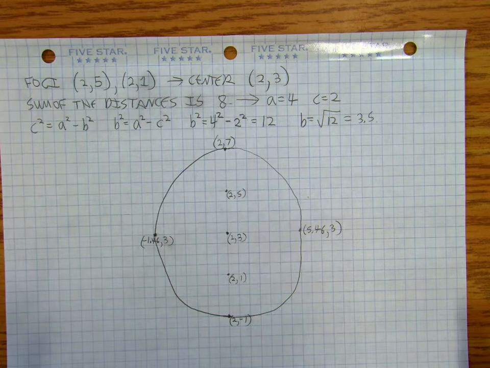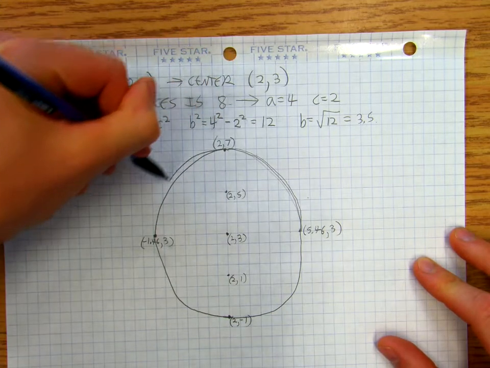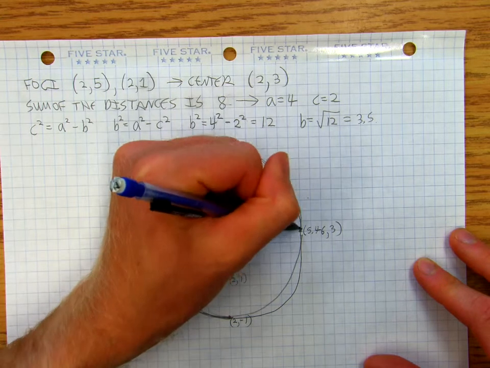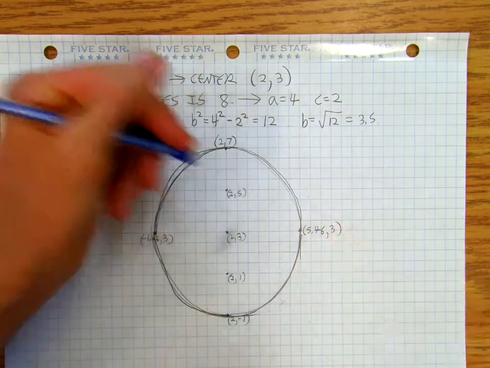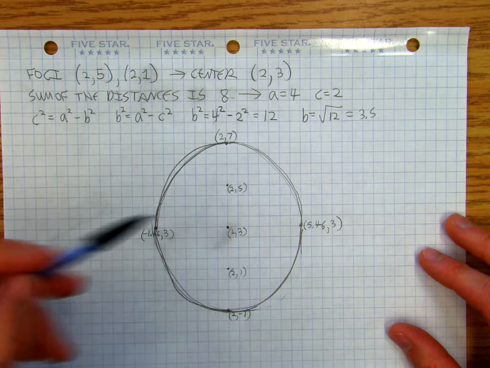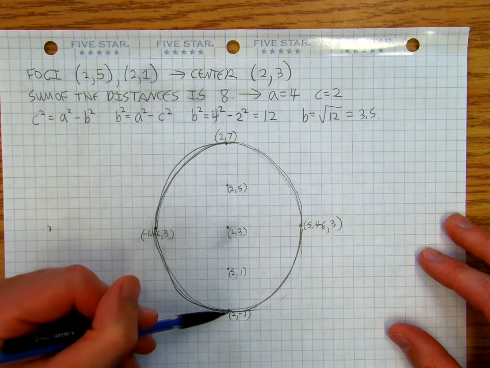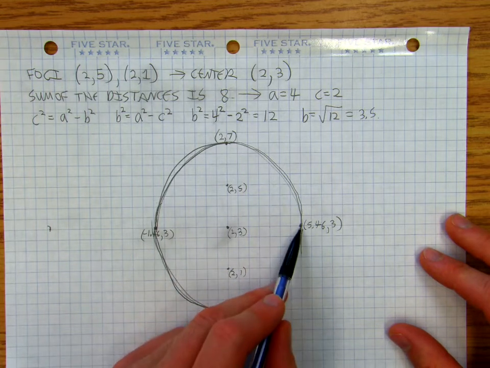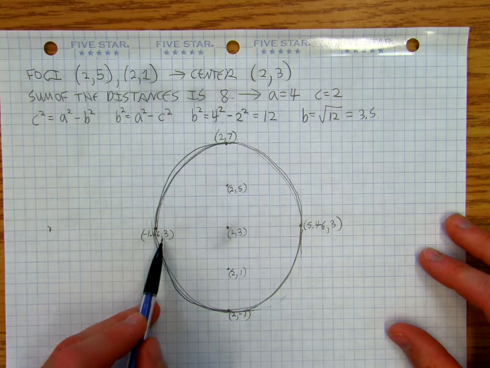But there's my potato. There's probably a better looking ellipse. So there's my ellipse that's got a center of (2, 3), and it's got vertices of the semi-major axis at (2, 7) and (2, -1). And it's got vertices of the semi-minor axis at (5.46, 3) and (-1.46, 3).